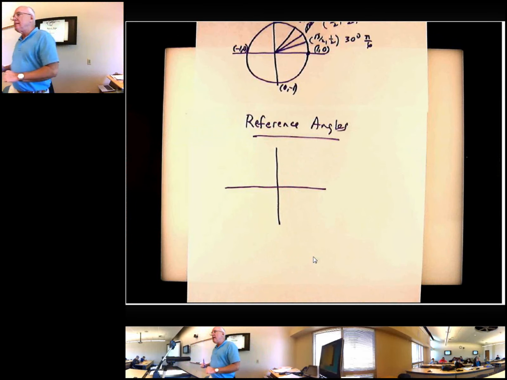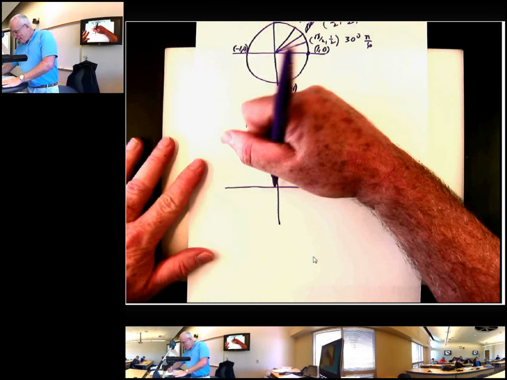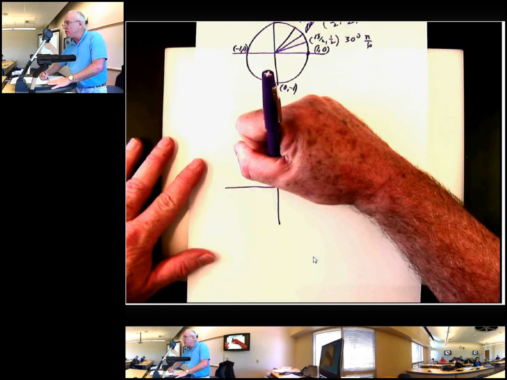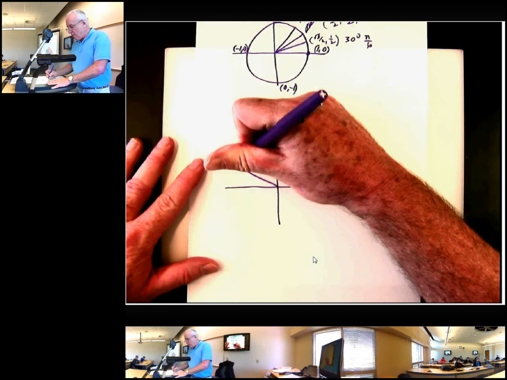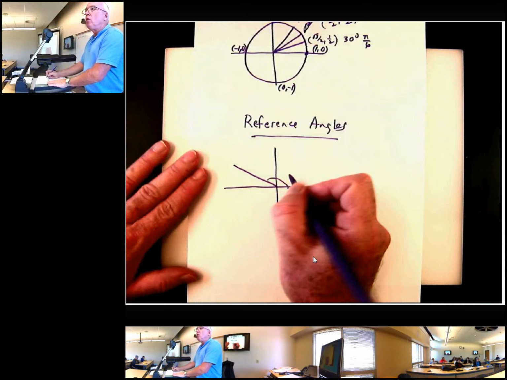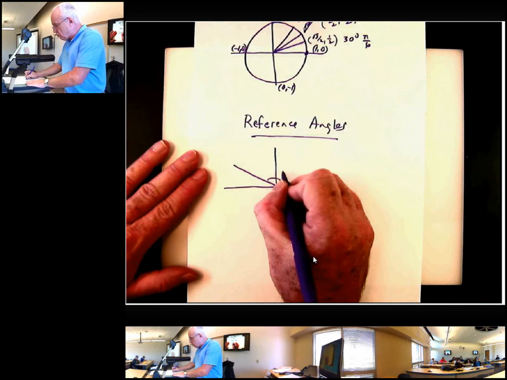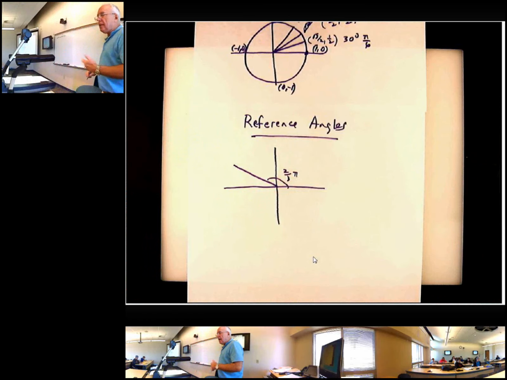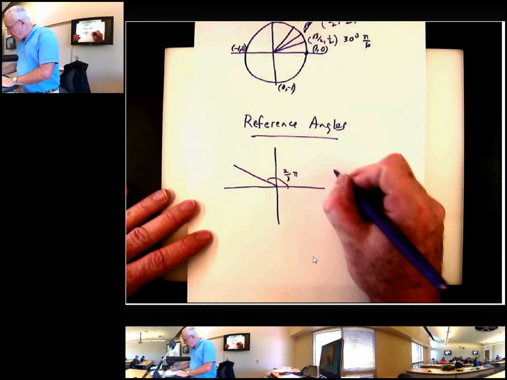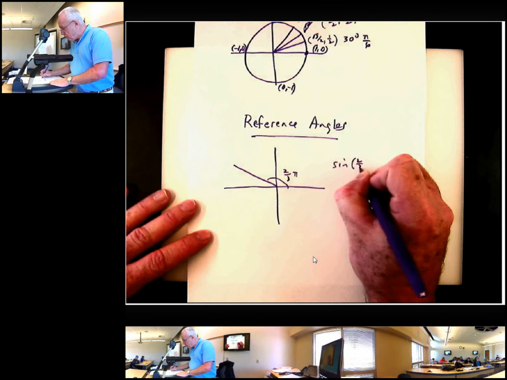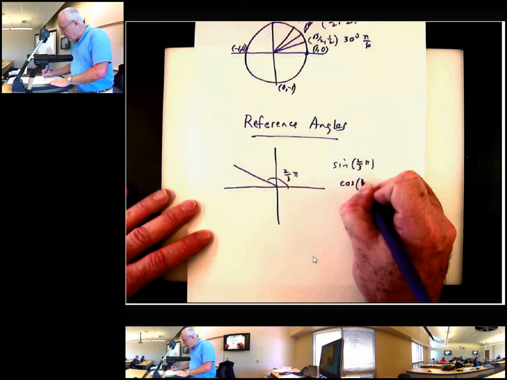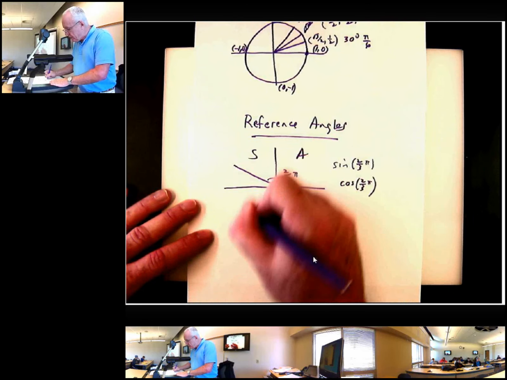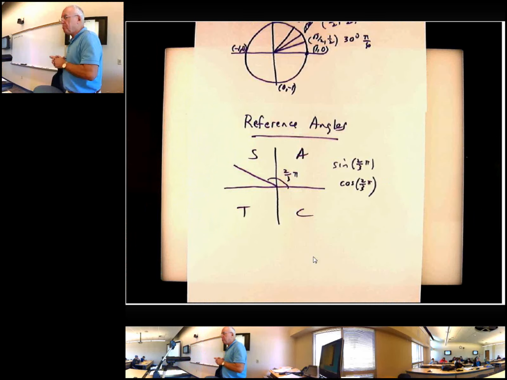So if we had this angle here, which is, let's say, 2/3 pi, and let's say we want to figure out the sine of 2/3 pi and maybe the cosine of 2/3 pi. Let's put in my ASTC for good measure.